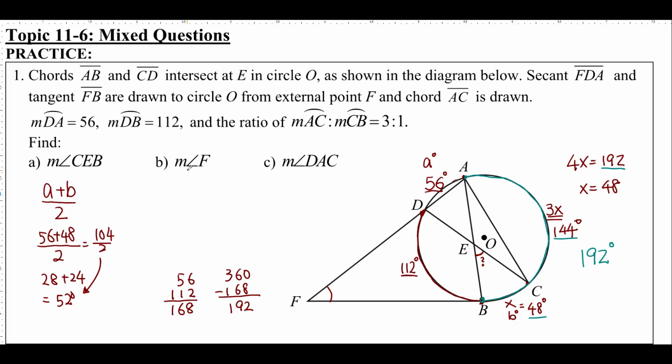So the measure of angle F is 192 minus 112, the difference, but you need to divide by 2 again. 80 divided by 2 equals 40. That is angle F, 40 degrees.